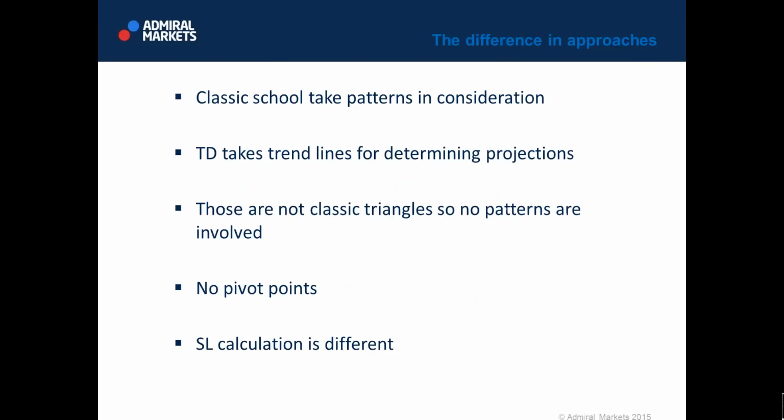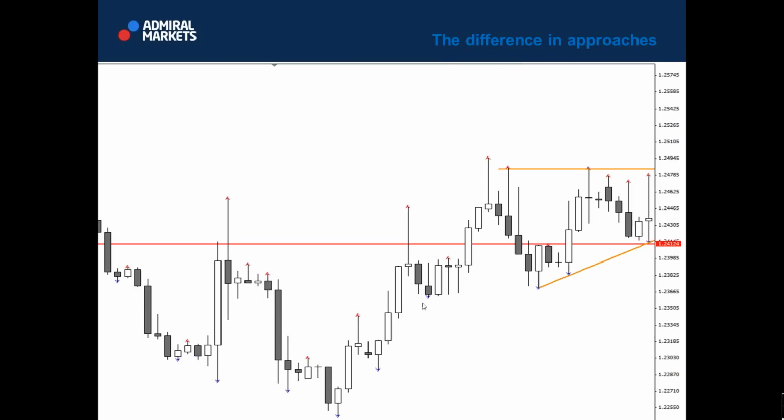Now, what are the differences in approaches? Classic school takes patterns into consideration. If you see this chart, classic school will tell you that you can take a break of this trend line to trade too, because in my opinion this is a flat top ascending running triangle. We don't have a full triangle now. This is how an ascending flat top triangle looks like, and this looks like a running triangle.